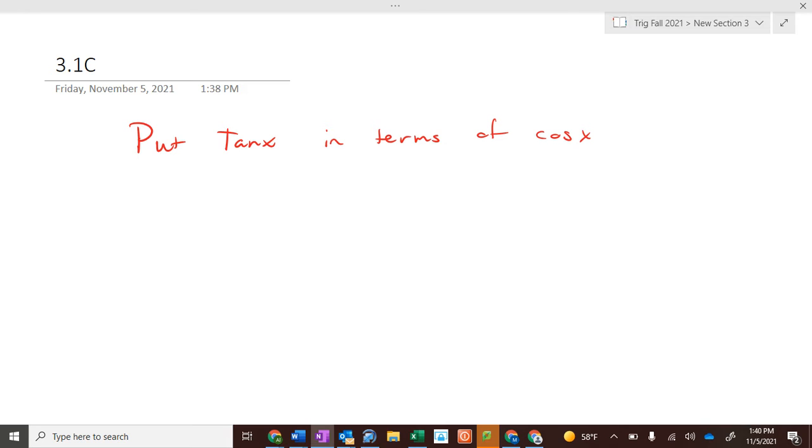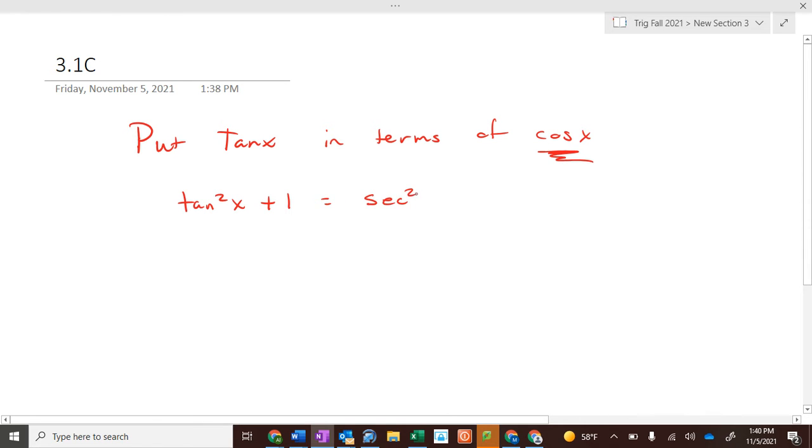Because do tangent and cosine have a Pythagorean triple? No. What's a Pythagorean triple with tangent? Secant. Now, do cosine and secant have anything in common? Yes. The secant is a reciprocal of cosine. So you would write tangent squared of x plus 1 equals secant squared of x.